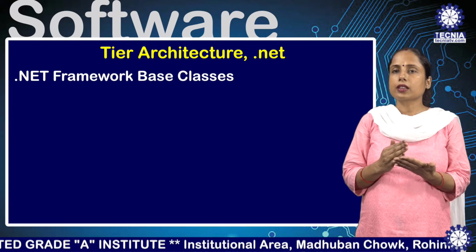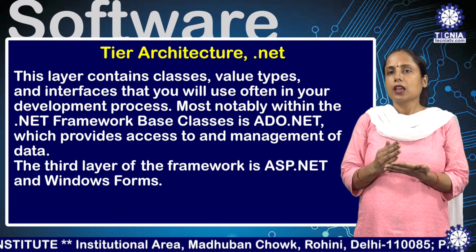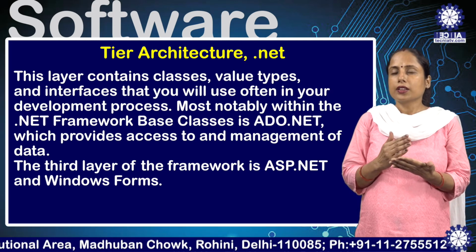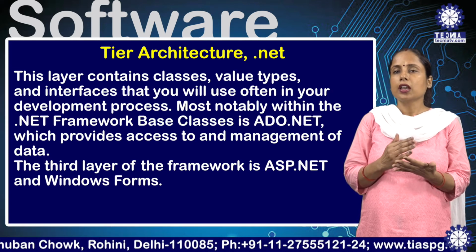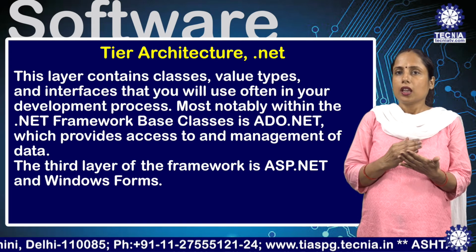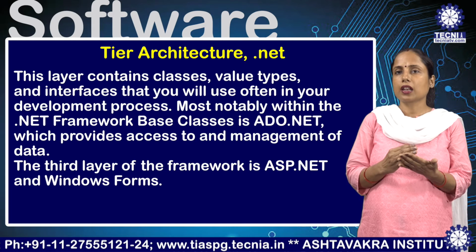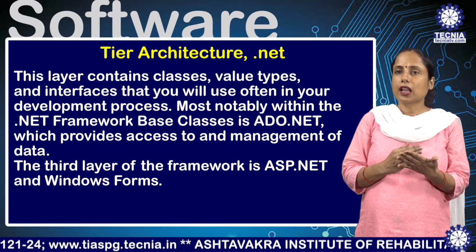The next layer is .NET framework base classes. In C and C++, there is a predefined library from which we use various functions in our programs. In the same way, in .NET or C# or other languages included in .NET, there are framework base classes.